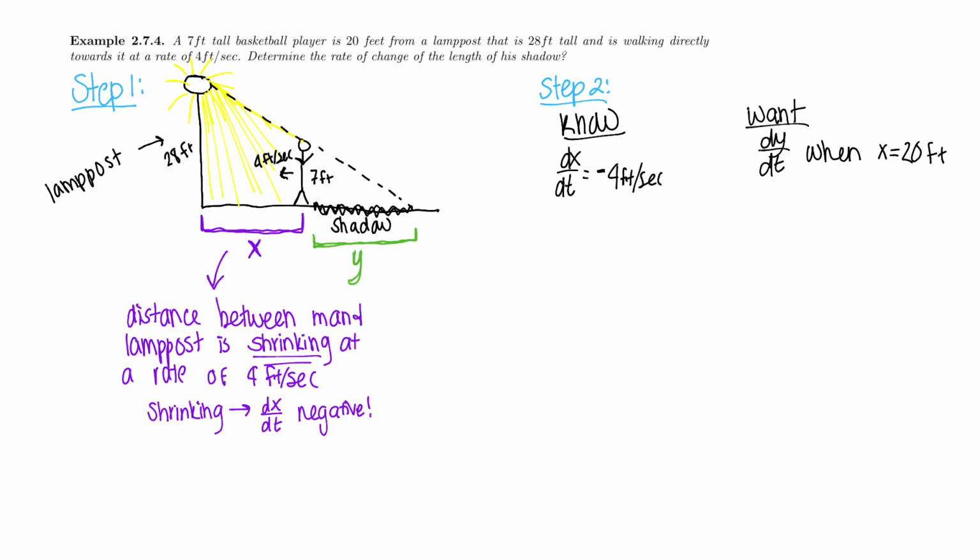Once again, for formulas, lamppost problems almost always are similar triangles. Because you have this triangle and you have this triangle. I'll make that bigger, and maybe I'll do this in green.